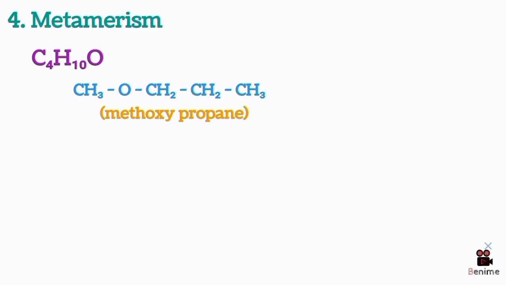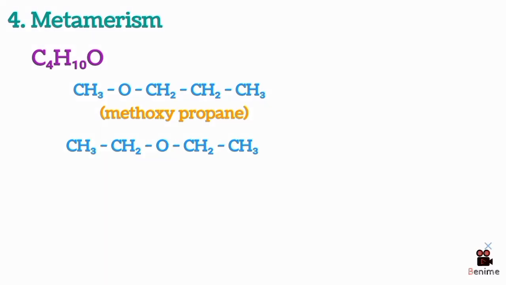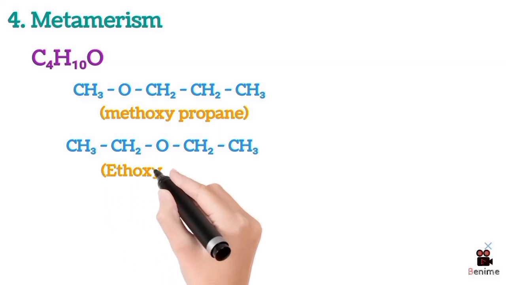Second structure. Now students, keep the same ether linkage. Again oxygen stays in the middle. But now distribute the carbons differently. Attach 2 carbons on the left side and 2 carbons on the right side. The structure becomes CH3CH2-O-CH2CH3. This compound is called ethoxyethane.